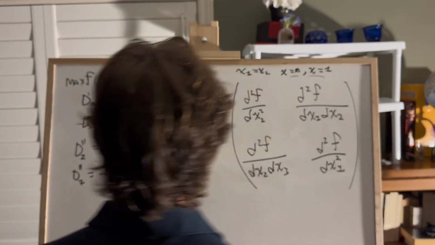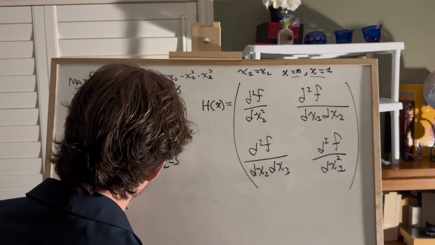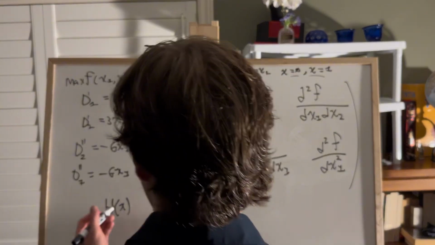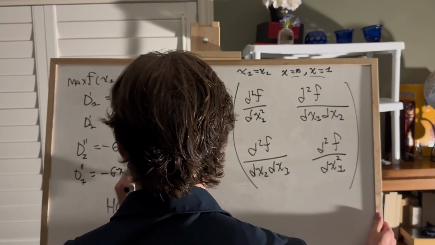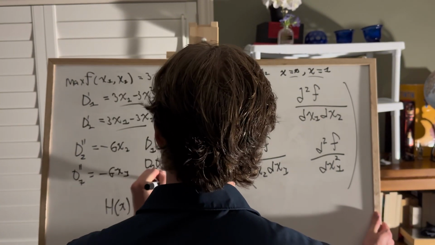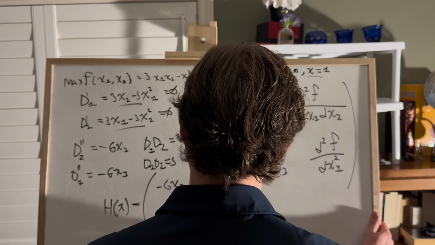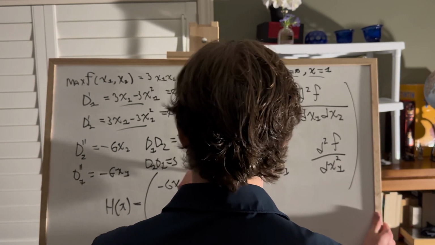So we've solved our Hessian, which, if you hadn't noticed, wasn't really that difficult, because it's just easy math. This is not hard math right now. So I forget, yeah, it was negative 6 x2, 3, 3.